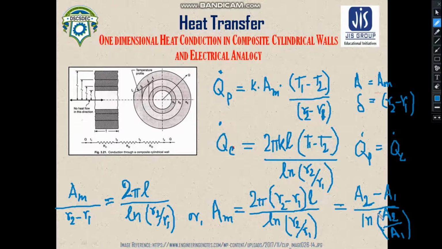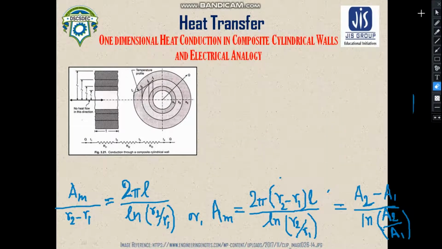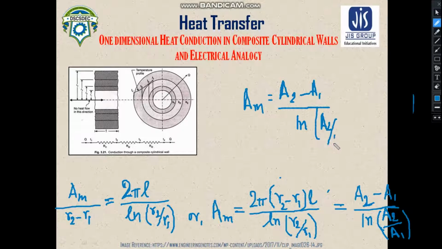So this mean area is now expressed in this format. I would remove all these things here and write the mean area which we have derived: A2 minus A1 divided by ln A2 by A1.